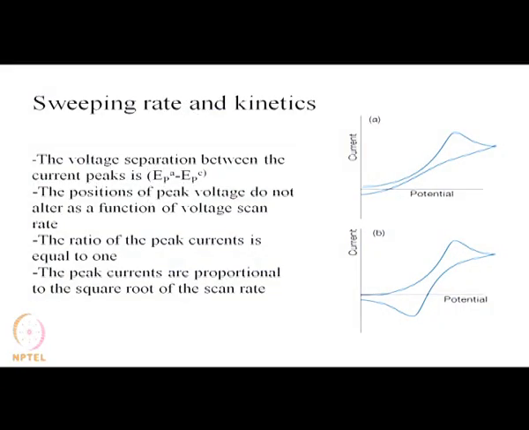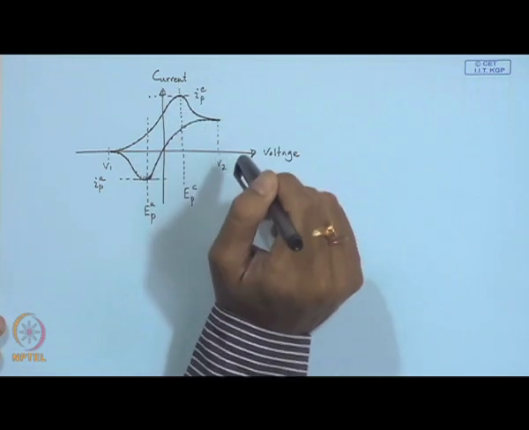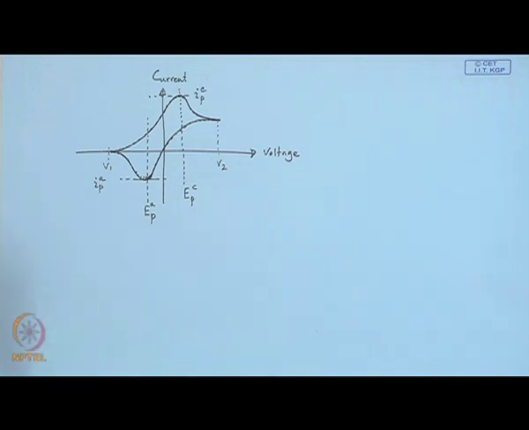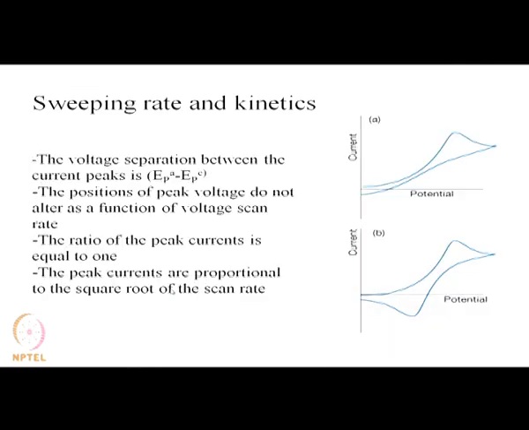The position of the peak voltage does not alter as a function of voltage scan rate for this perfectly reversible one. The ratio of the peak currents, IPC and IPA, is equal to 1. The peak currents are proportional to the square root of the scan rate.